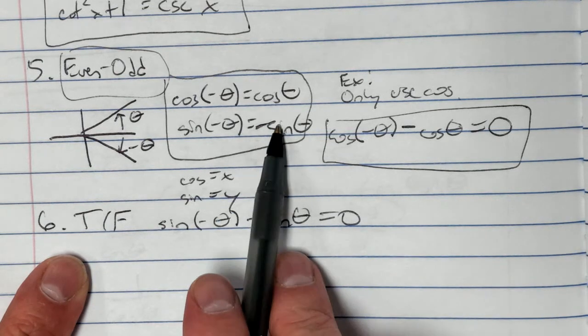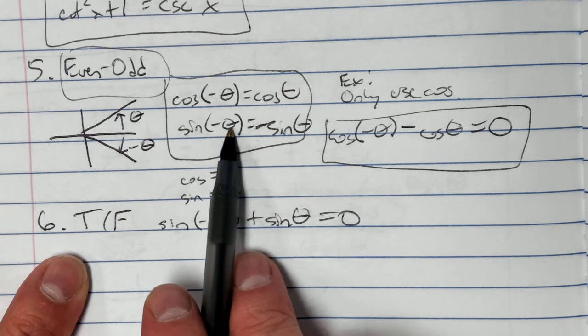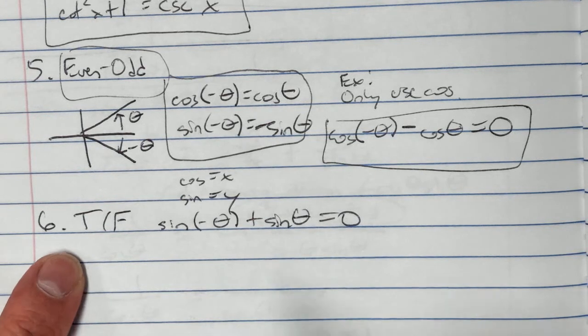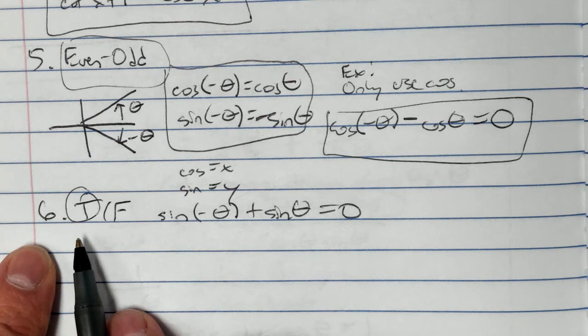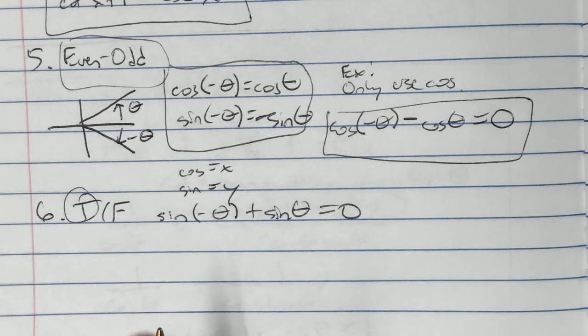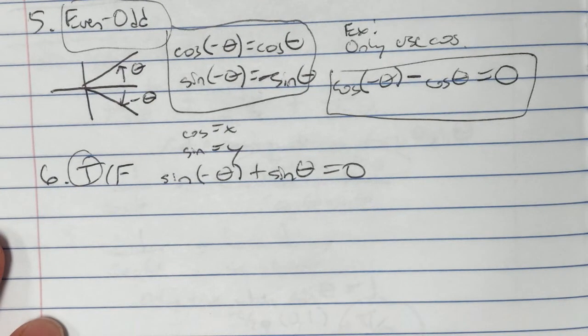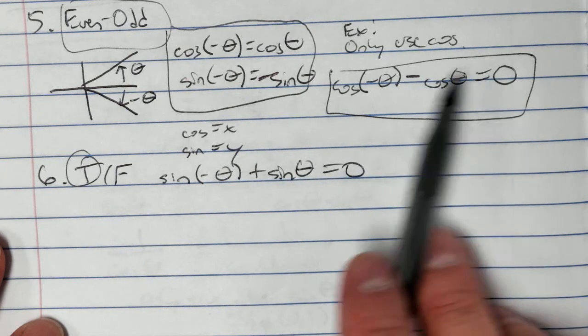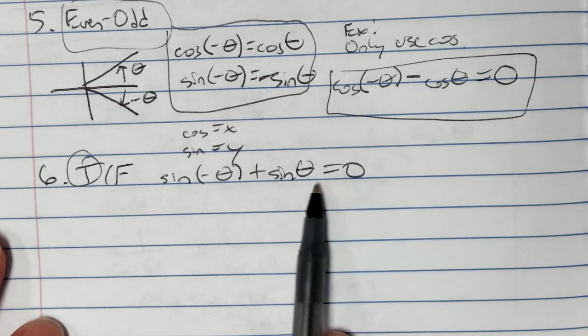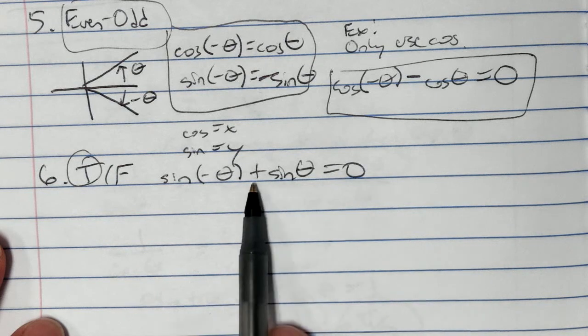So think about if we move this over, it really would have to be plus, and so it's going to be true. So basically when we get 0 on the right for cosine, it's minus. When we have 0 on the right for sine, it's plus.